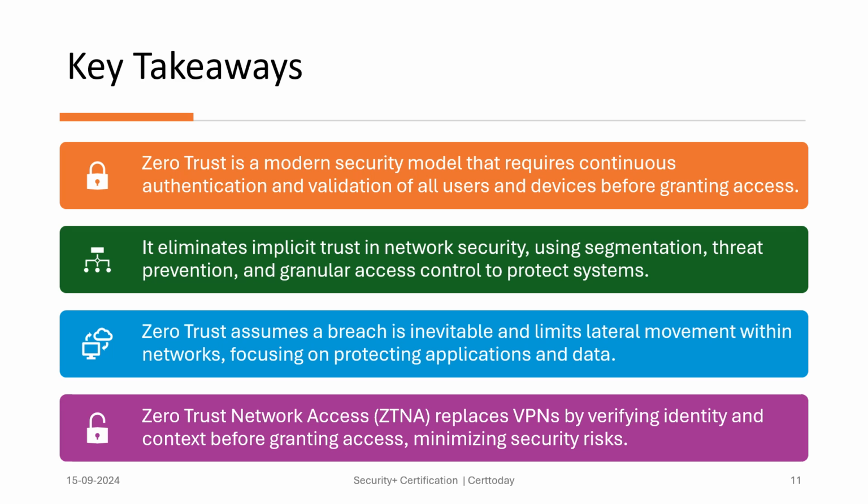Three, Zero Trust assumes a breach is inevitable and limits lateral movement within networks, focusing on protecting applications and data. Four, Zero Trust Network Access, or ZTNA, replaces VPNs by verifying identity and context before granting access, minimizing security risks.